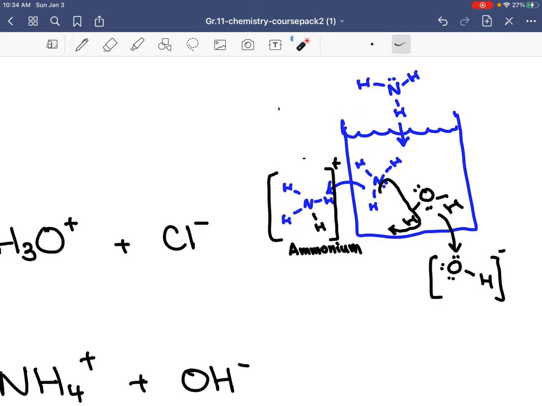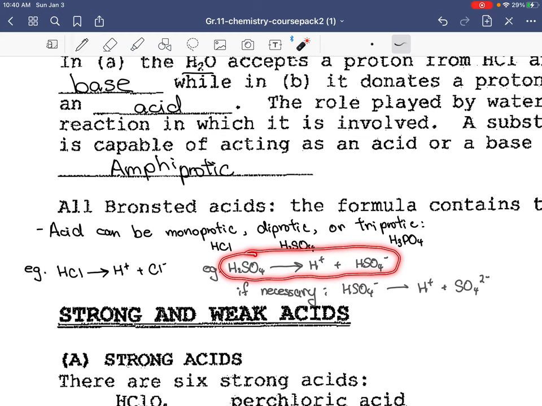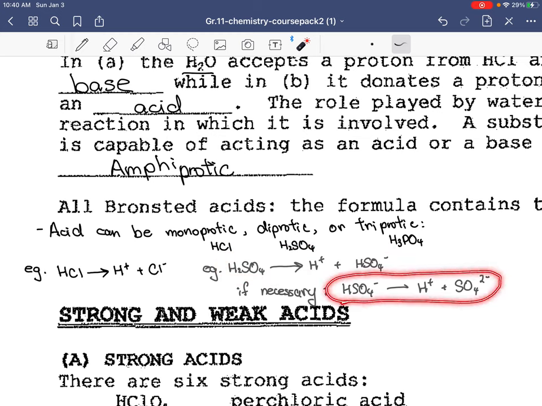As a result, your bisulfate will turn into just a sulfate. So H2SO4 actually has the ability to donate two H's, hence diprotic. This is what it usually does. The second H plus, only if it's necessary. You'll see what this means later on in the next semester.